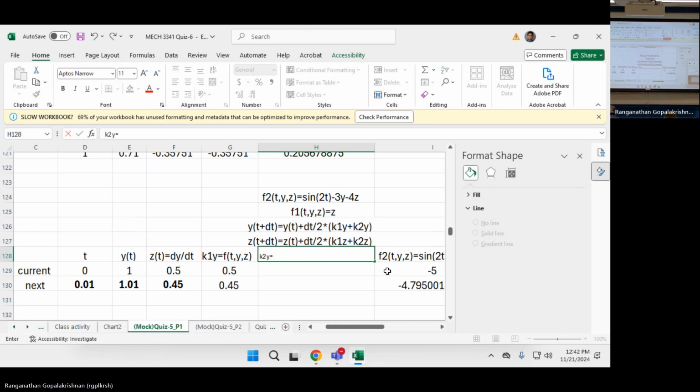K2y is the value of the function evaluated at t plus dt, y plus half k1y times dt, and z plus 1 by 2 k1z times dt.